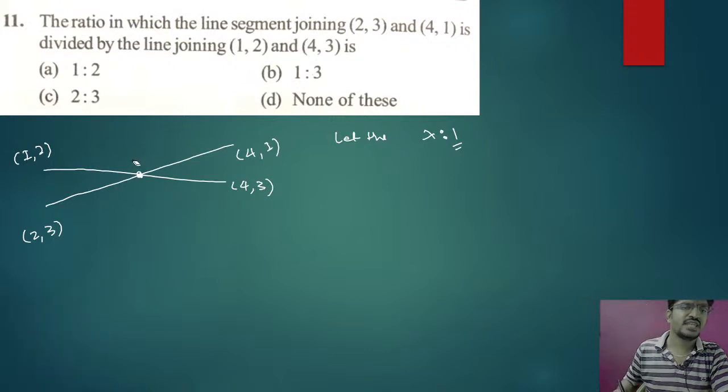Now I will write this ratio as lambda is to 1. So first let us find this intersection point. After getting the intersection point, we can solve it.